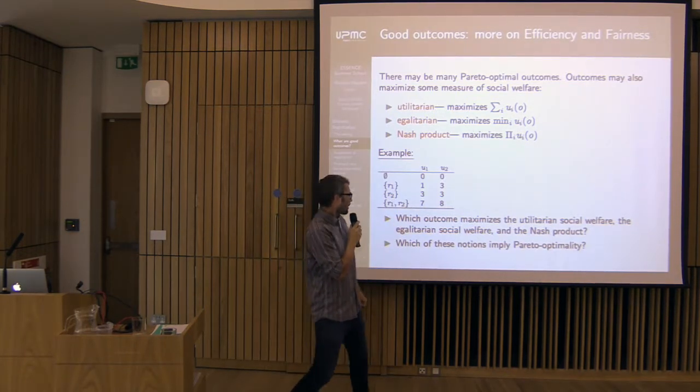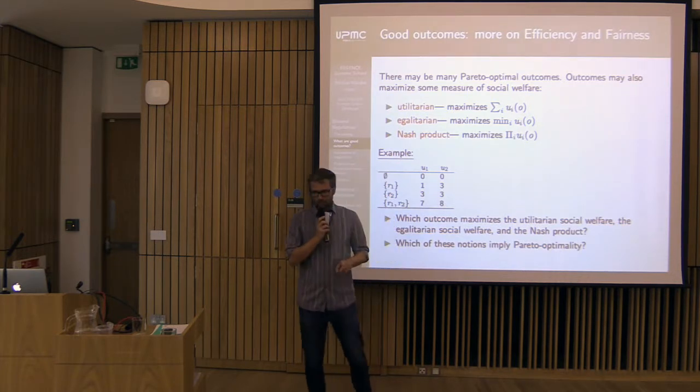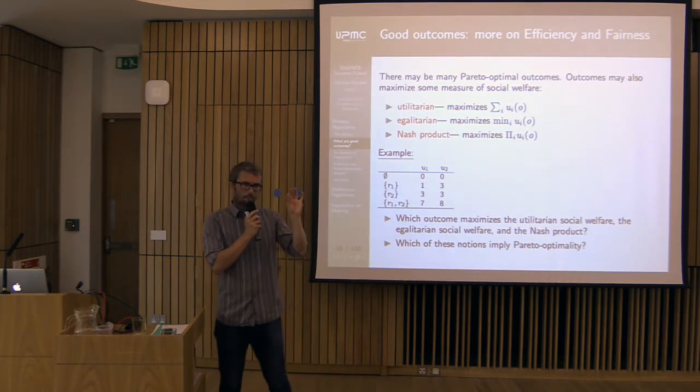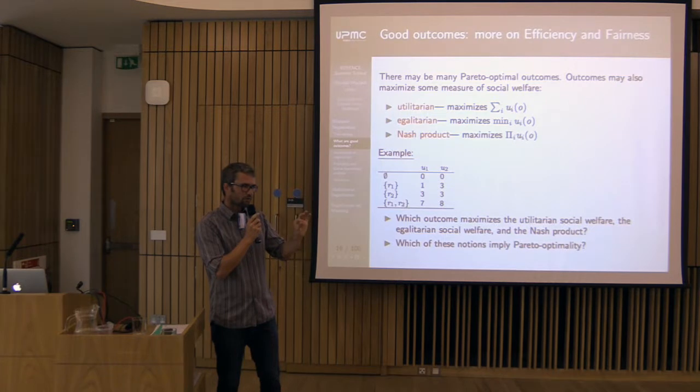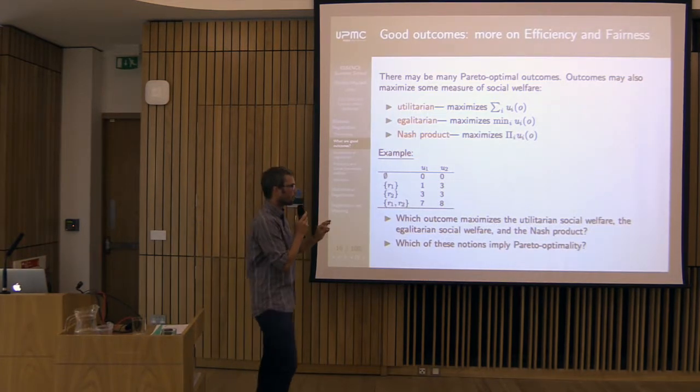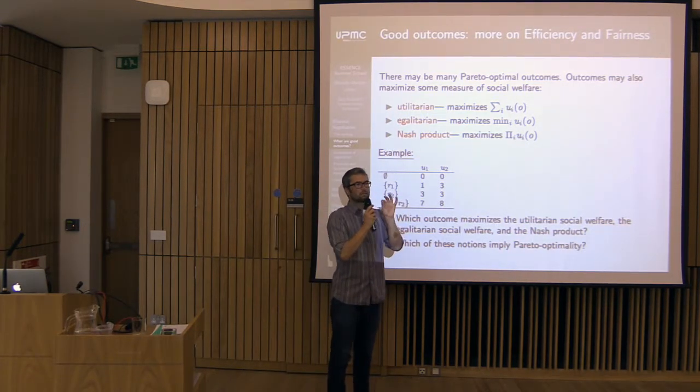But why does egalitarian not? Because you just look at the agent which is the worst off. So an outcome can be optimal for egalitarian social welfare and give, for instance, say 5 for agent 1, 5 for agent 2.